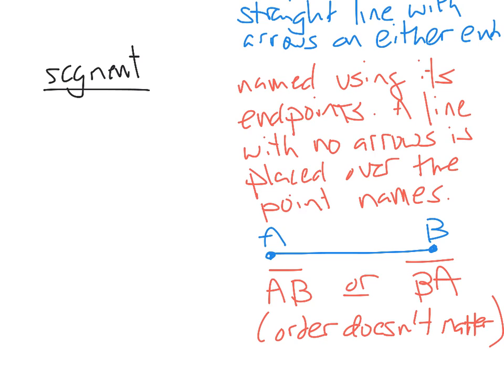So hint, hint, if in a test you're asked, what's another name for segment AB? Well, you can call it BA. It's also very important that you put this line with no arrows over top, because if you don't put that line over top, you're talking about something completely different, which we'll get to later.